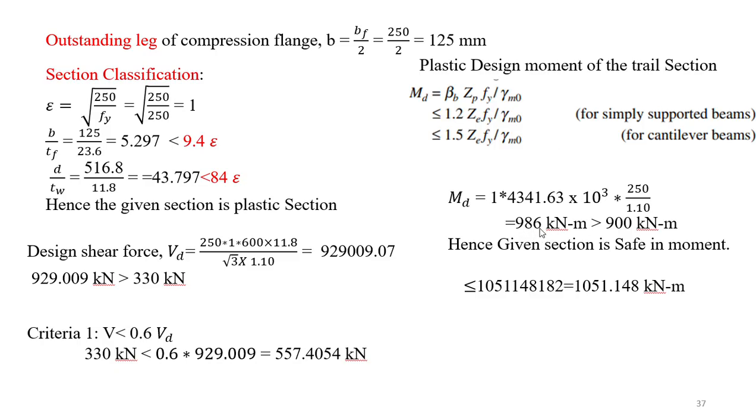From here I can get the maximum moment capacity of the section, or the plastic design moment of the trial section, as 986 kilonewton meters, which is more than the 900 kilonewton meters.